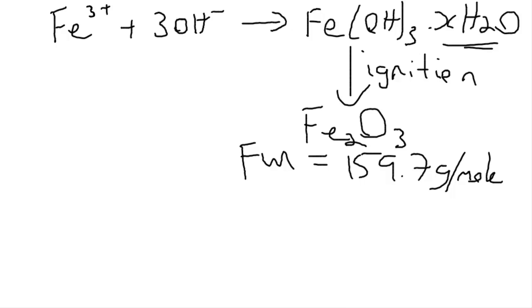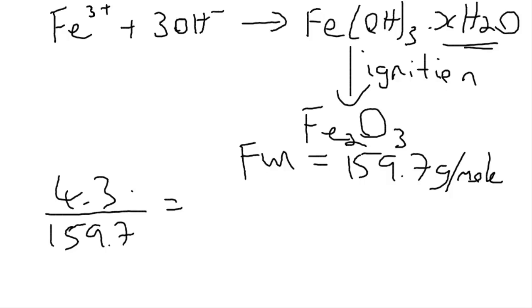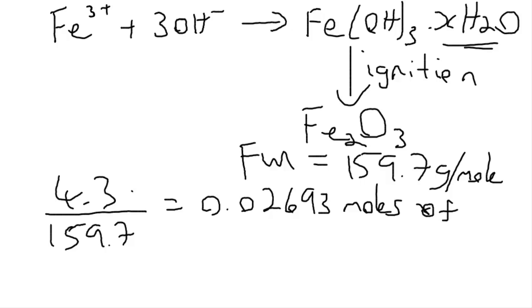And then we can figure out how many moles of iron oxide by dividing the mass of the precipitate by the formula mass, and that gives us 0.02693 moles. The important thing here is to know that this is the moles of iron oxide, not of iron.